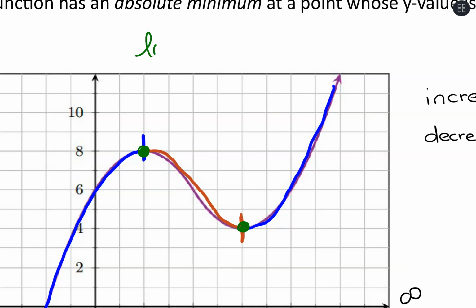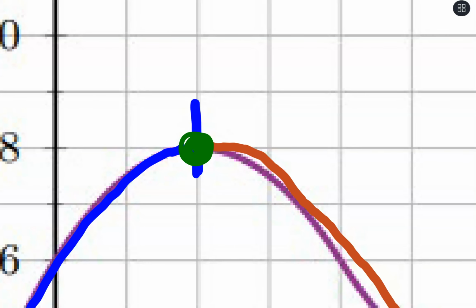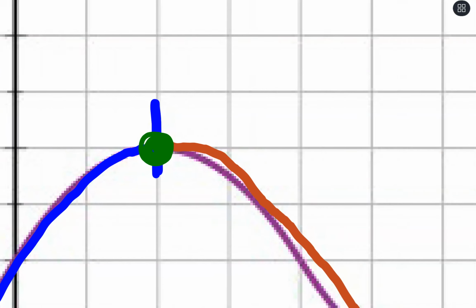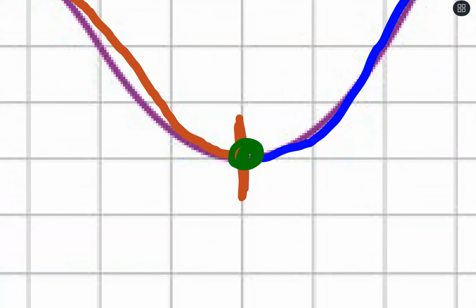So why we're using the word local is because we're thinking in a very zoomed in sense. It's like if I zoom in, this looks like the largest point on the graph. And then if I'm down here, this looks like the lowest point on the graph. So local means it's kind of zoomed in just for that region.